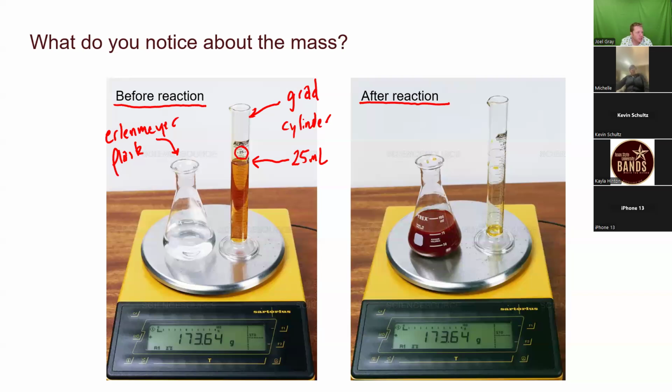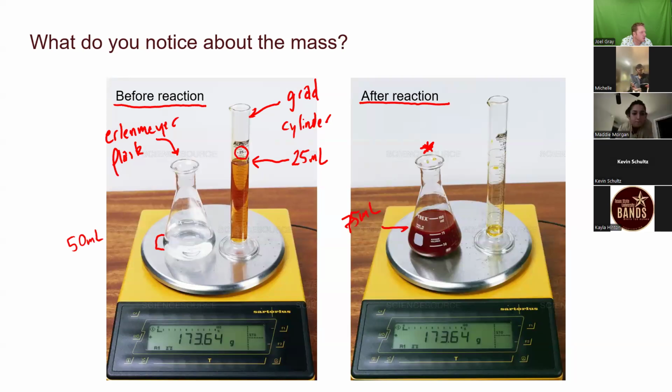Then I'm looking at the after reaction. I'm looking at the graduated cylinder and I see that my solution level here is at approximately 75 milliliters. So that indicates that this clear solution here is about 50 milliliters. I'm going to write that on the white part so it's more contrasting: 50 milliliters of solution.